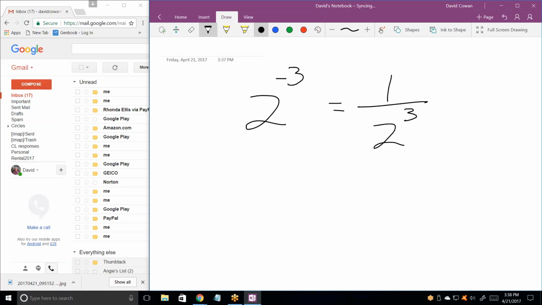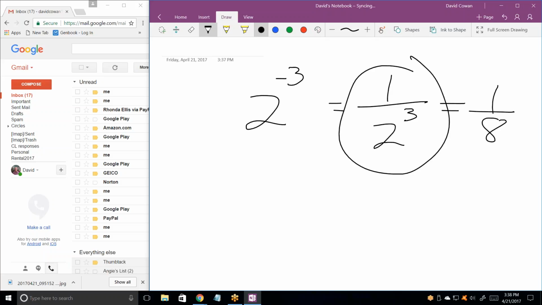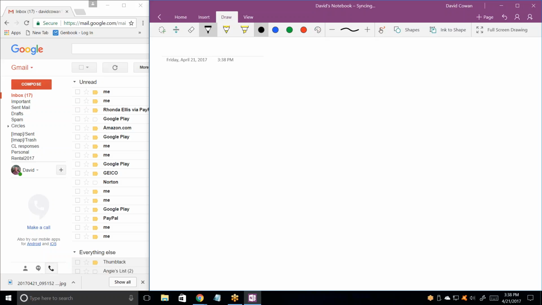First of all, notice that a negative exponent has nothing to do with negative numbers. That's a positive number. It's 1/8. In fact, it would be impossible to take 2 to any power and get a negative number.